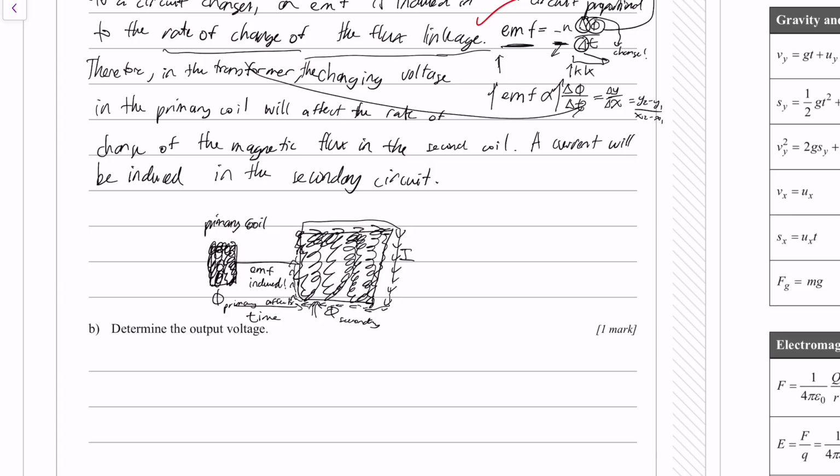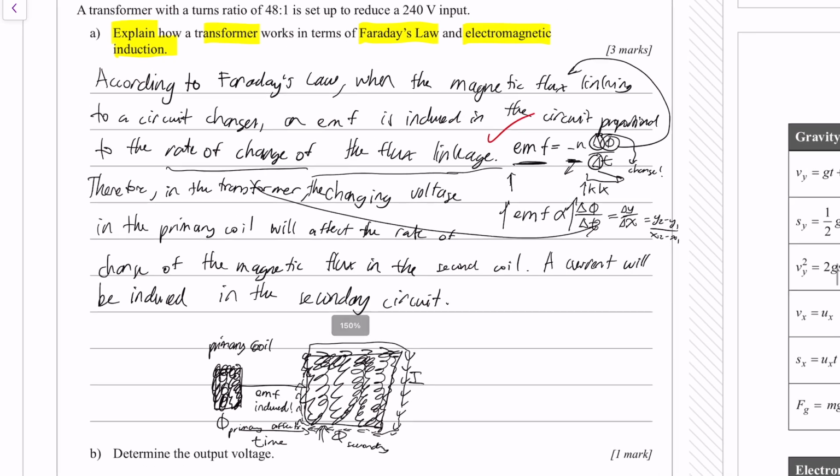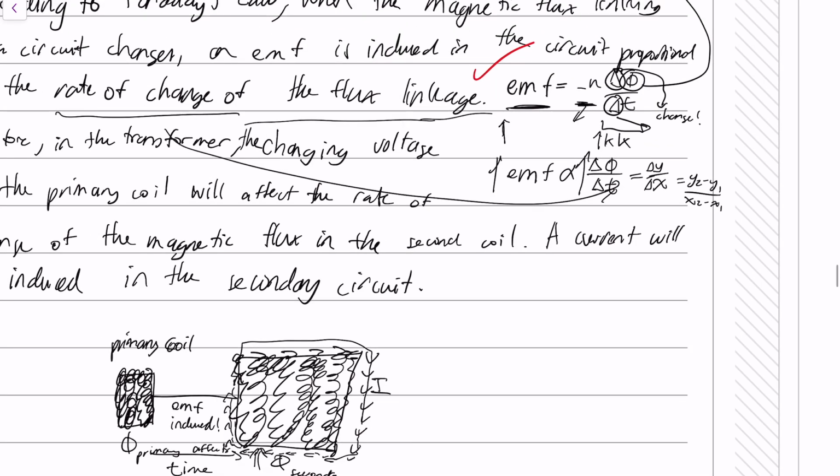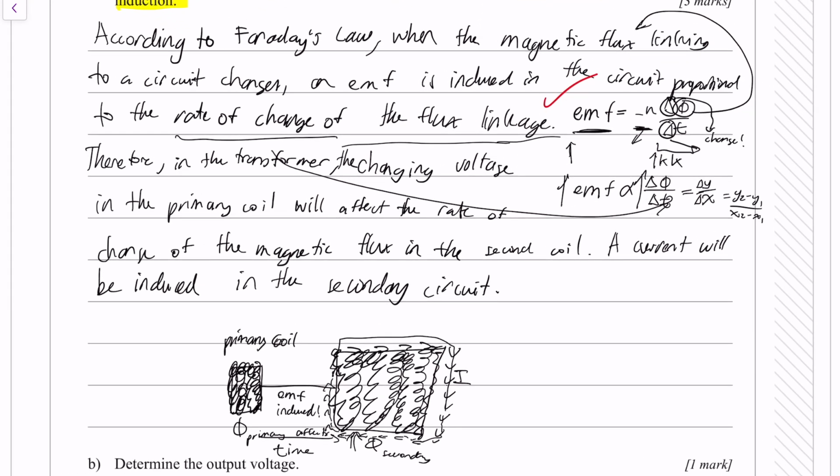Okay, so where the marks come from, you need to explain that a changing voltage in the primary coil affects the rate of change of magnetic flux in the secondary coil. Okay, so really that second mark is here, that second sentence.